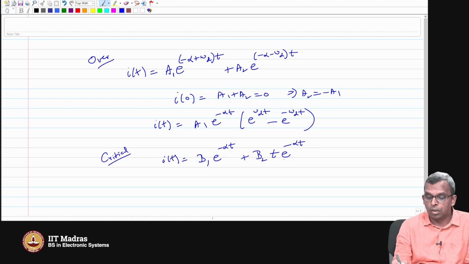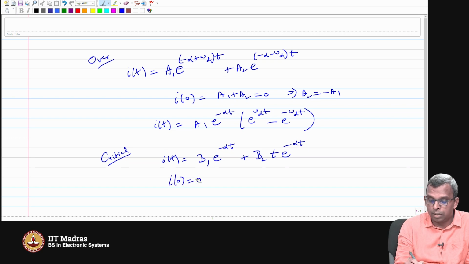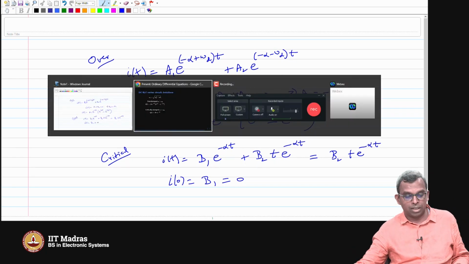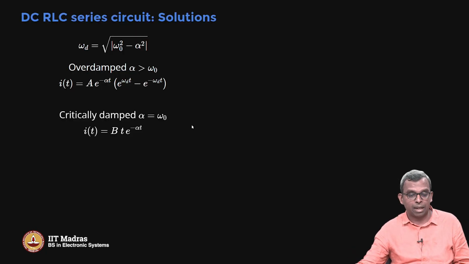So I of 0 equal to 0 is what? I of 0 is b1, and that needs to be equal to 0. At t equal to 0 you will only get b1, so b1 is 0. So this ends up being just b2 t e power minus alpha t. I have not called it b2 here, I have just made it b. So critically damped, alpha equal to omega naught, the damped frequency just becomes 0, it goes away. So you get b t e power minus alpha t.